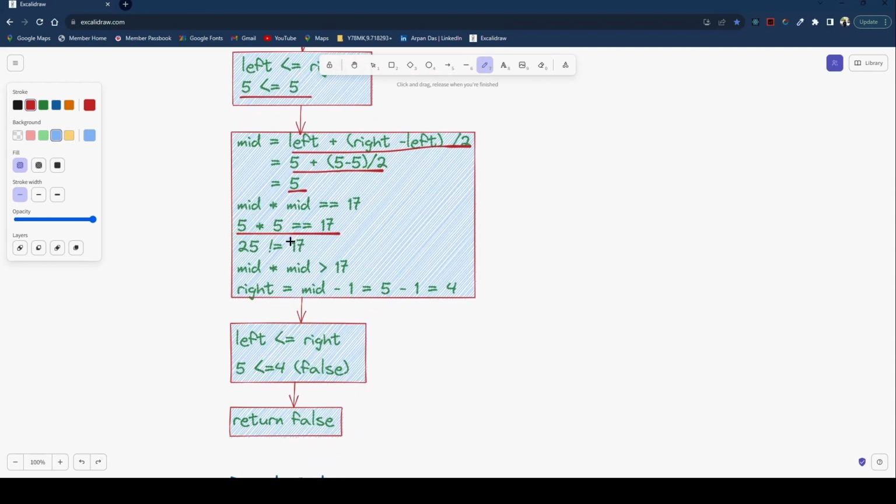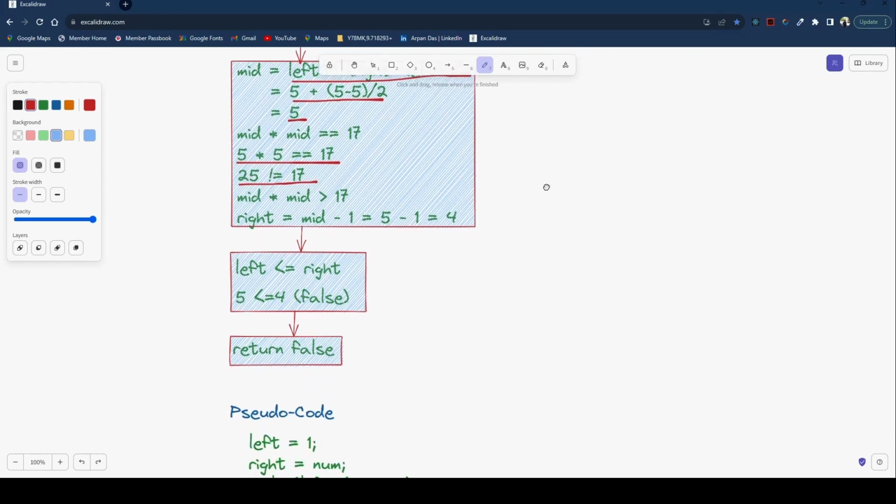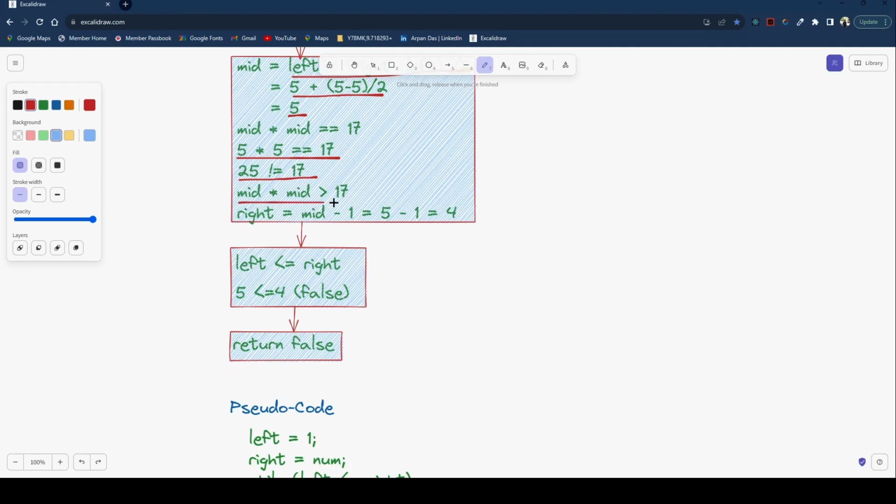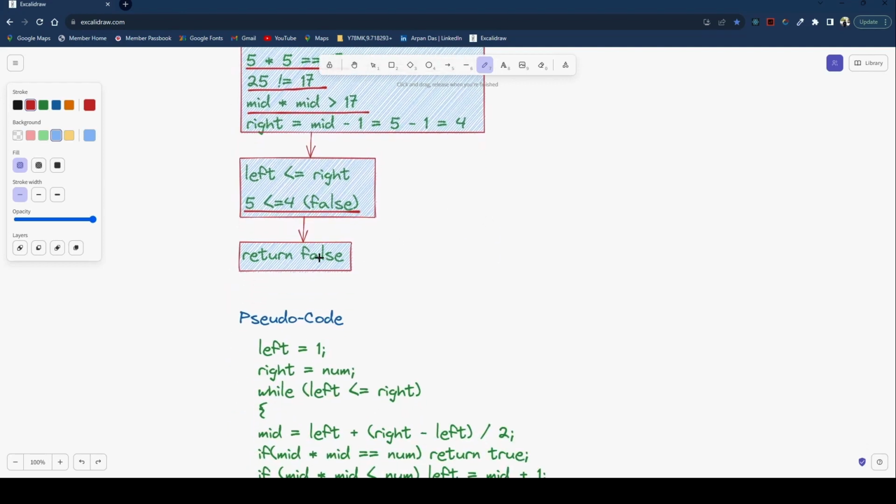Then mid into mid, 25, is not equal to 17. Mid into mid is greater than 17. We have to move the right. Then right becomes 4. The condition becomes false. Left 5 is not smaller than or equal to right 4. False. We have to return false.